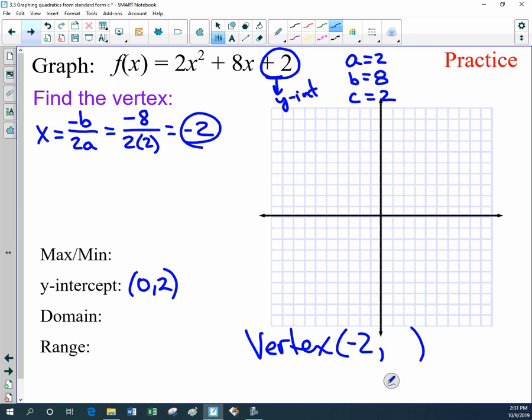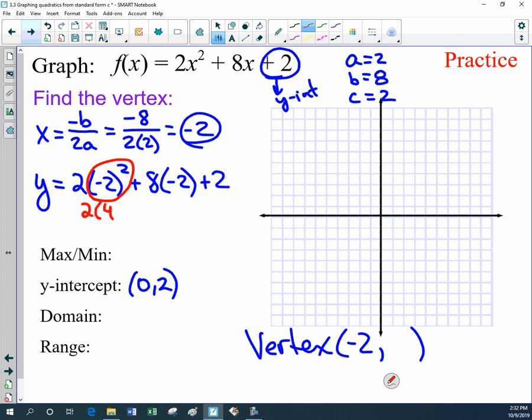Now we plug -2 in for x to find the value of y. So we'd have 2 times -2 squared plus 8 times -2 plus 2. Again, when we evaluate this, exponents first. -2 squared, so -2 times -2 would be positive 4.